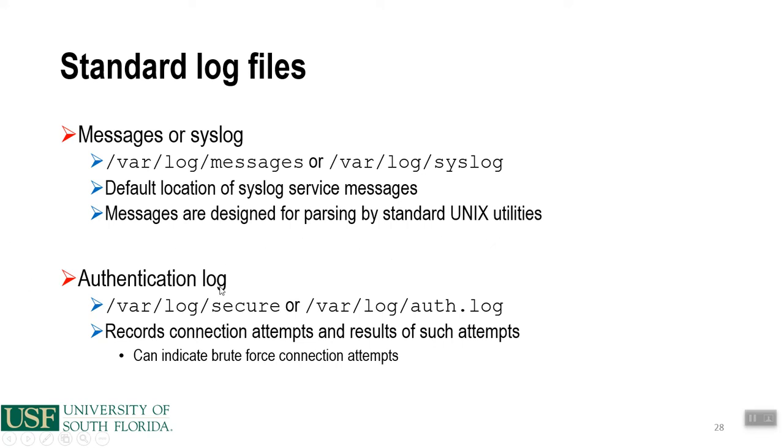There's the authentication log that's stored here by default, and it records the connection attempts and the results of such attempts, so what has actually connected to this particular machine and so on. You want to take a look at these logs to identify whether there have been brute force connection attempts and so on.